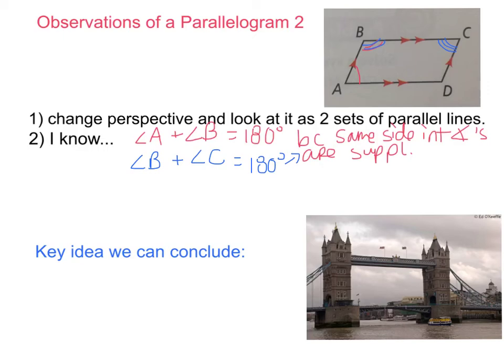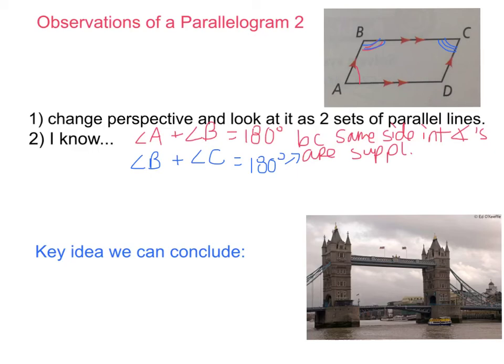Now let's take a look and recap at what we've written. A plus B is 180, and B plus C equals 180. This makes me kind of think of the transitive property, but this isn't quite the transitive property. You could say that A plus B is 180, and B plus C is 180. That means that A and C are supplementary with the same angle. Let's think about what this would mean in numbers.